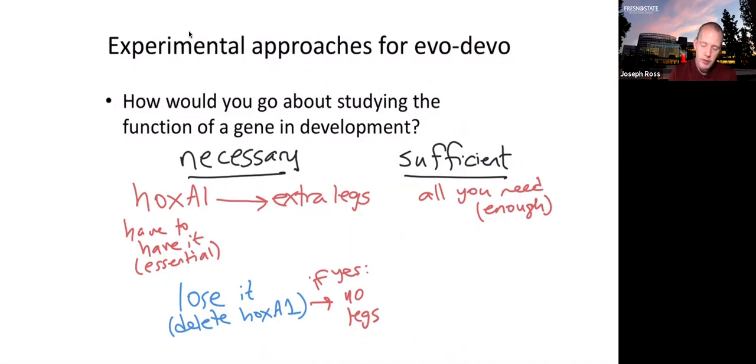What developmental biologists colloquially refer to as a move-it experiment is what you would do in this case. You would make that gene, HOXA1 in this case, transcribed, translated, and expressed in a new cell type that doesn't normally produce that protein.